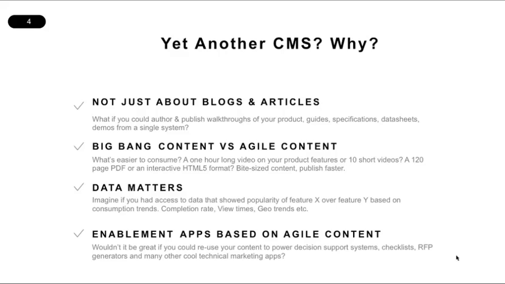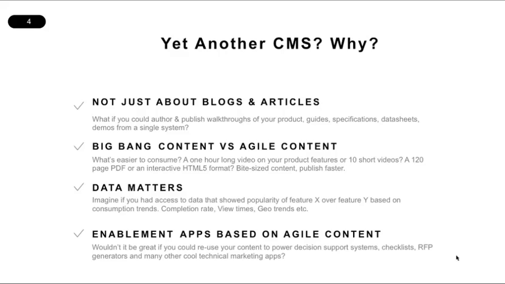So again, a CMS that understands bite-sized content and therefore allows you to publish things faster to the internet goes a long way. Data, we all know the importance of data in this time and age.